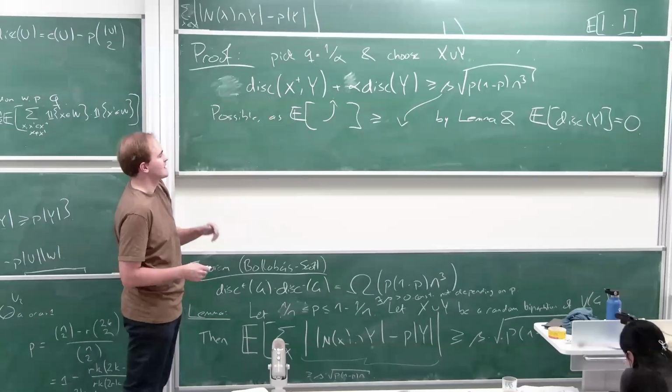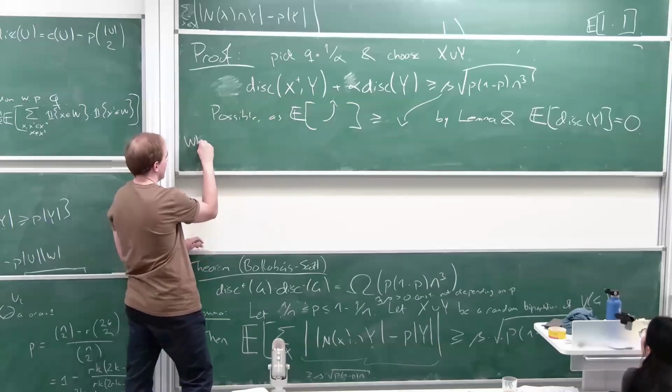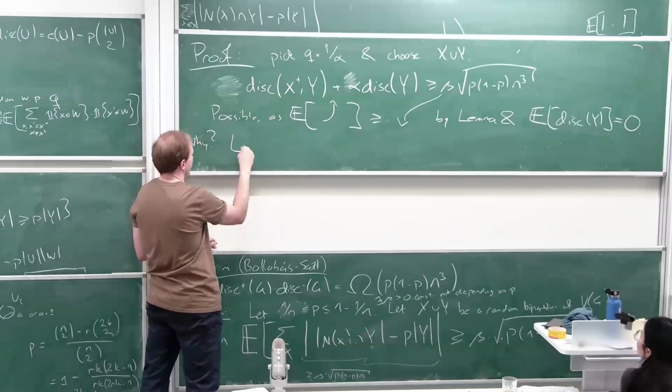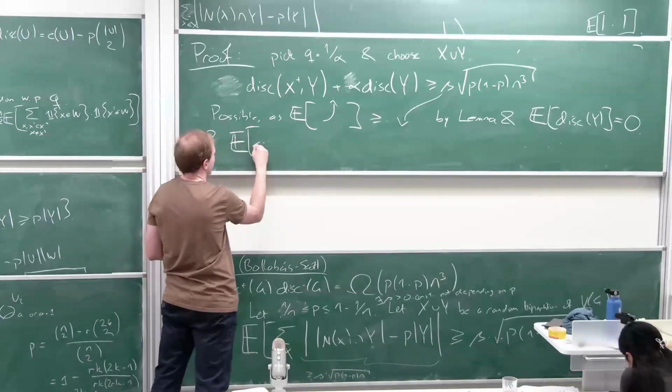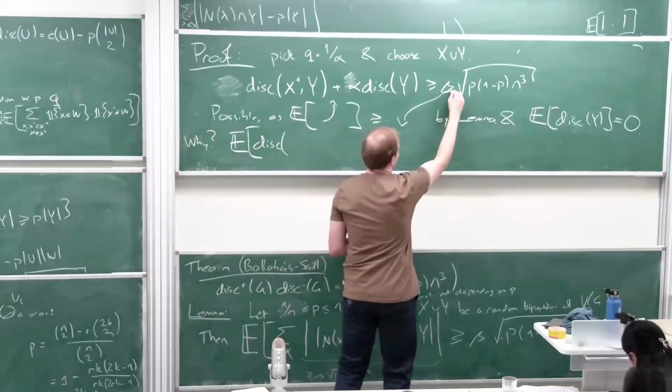And why is the expectation of the discrepancy of x plus and y large? Because we know that the expectation of this. Okay, maybe I should add a constant of 1/2 here.